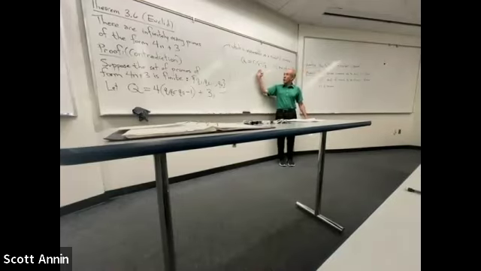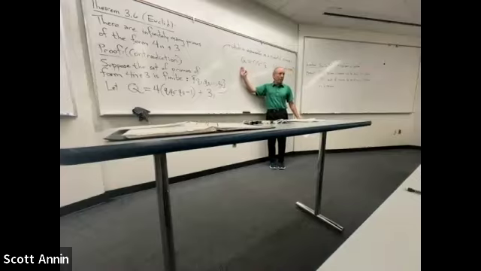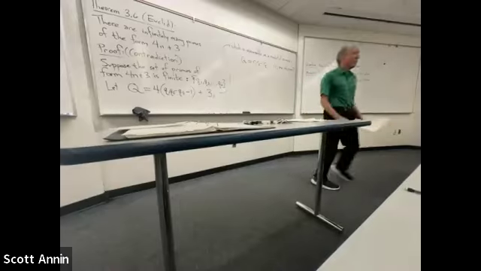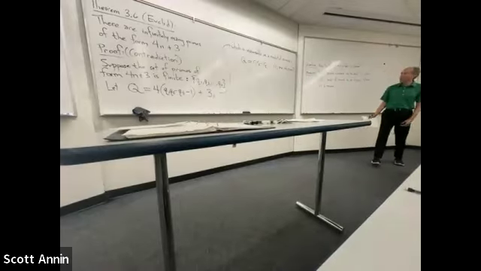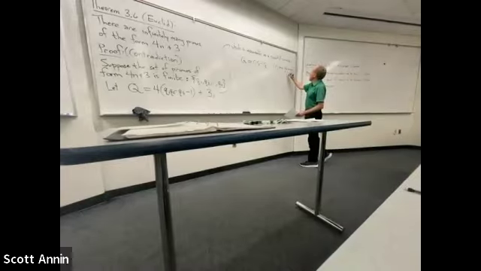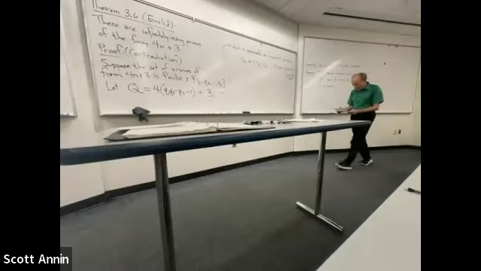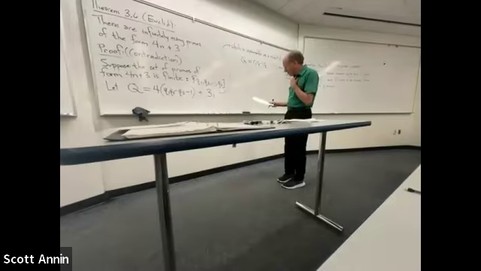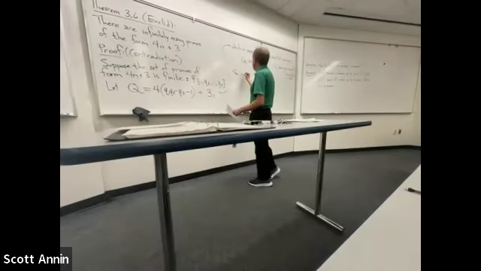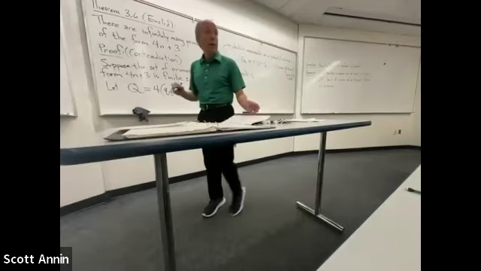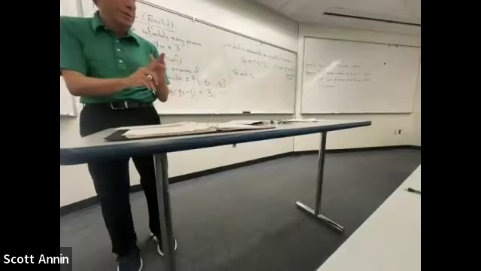If one of these R's was even, then Q would have been even. But I can see that Q is not even. So the R's actually have to be odd primes, since Q is odd. So each of these R sub k's is odd and prime.